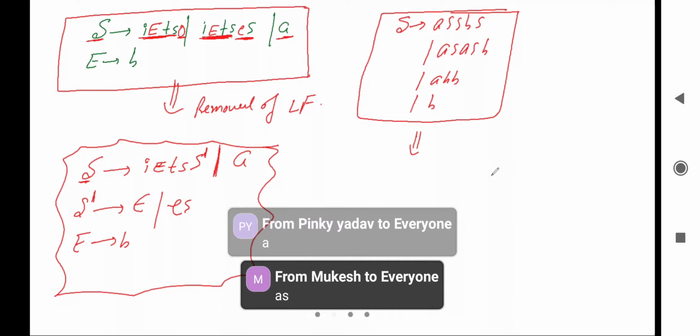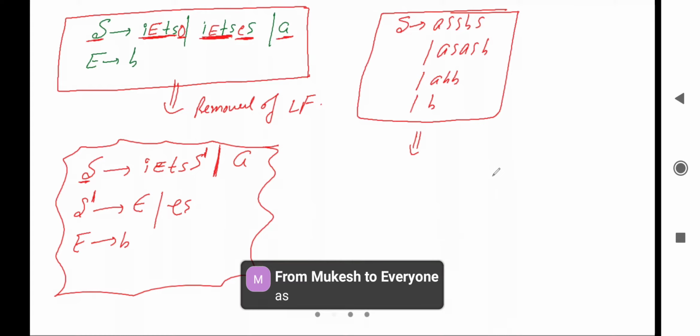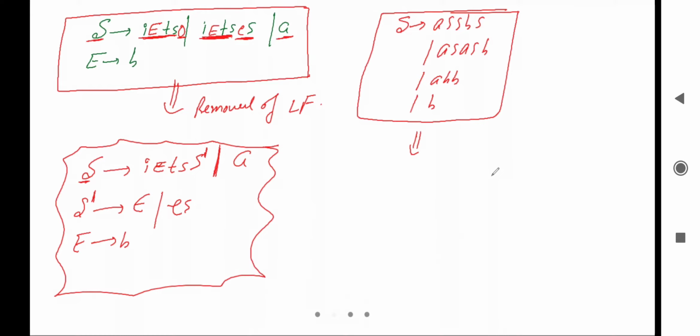Mukesh is saying AS is the left factoring. Okay, let's do the removal of the left factoring here.